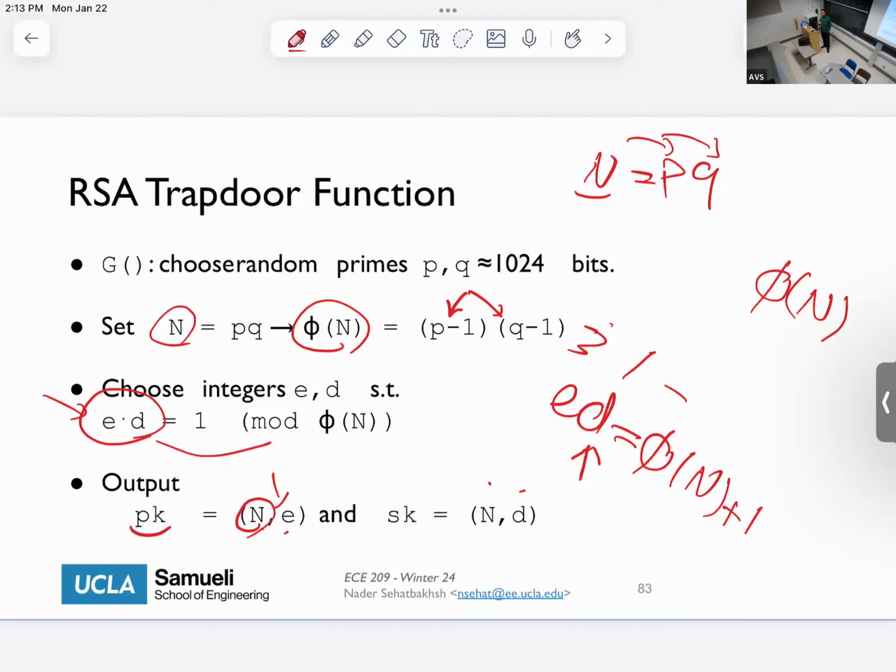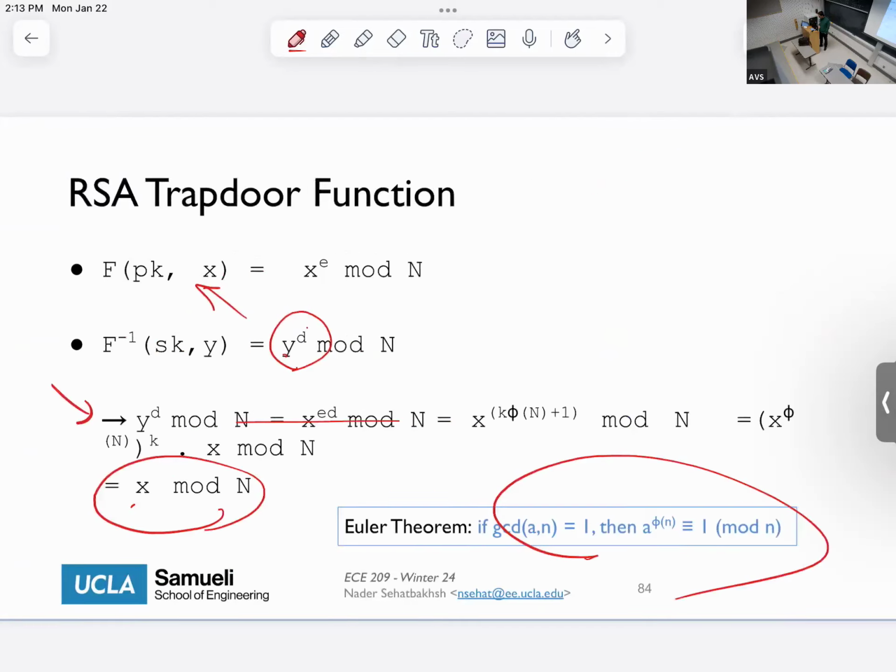If the number is big enough, there's no fast and quick answer. That's really why the RSA trapdoor function is a secure function. There is a formal proof for this that I'm not talking about here. Some of you might have seen it in an algorithms class, but if you didn't, you can search for prime factors of a number or the factorization problem, and you will see lots of articles about this.